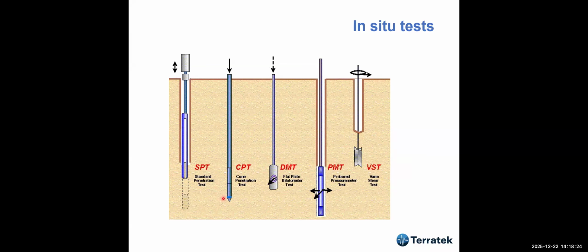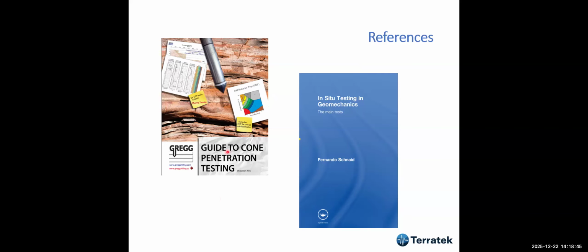In general, in soft soils SPT can give you an idea of the depth of the layer, but you can't analyze any property out of that. These are two main references which I have used. This is from Peter Robertson.